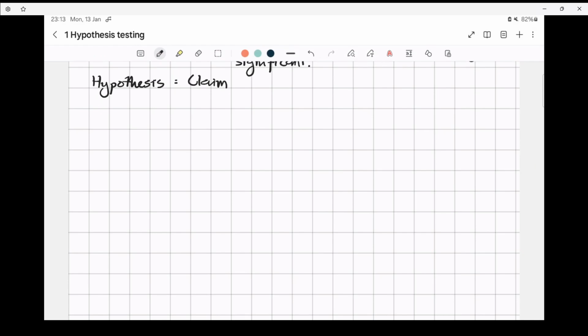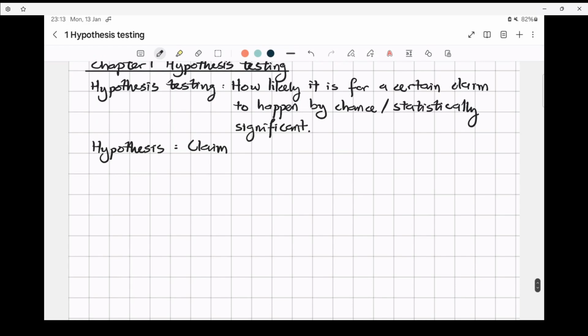Because this is probability and statistics, it is very unlikely that you can be absolutely sure the claim you are testing is true or false. What you can say is that this test shows the probability of this certain hypothesis happening by chance is very small, so you can either reject or accept the claim.